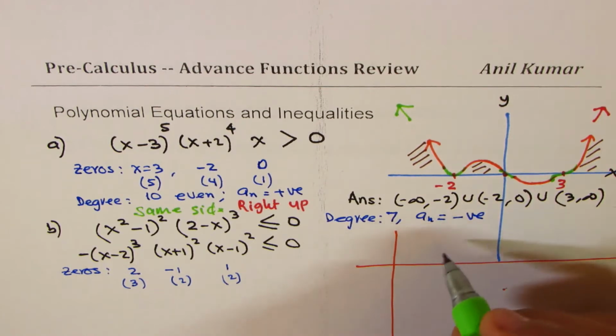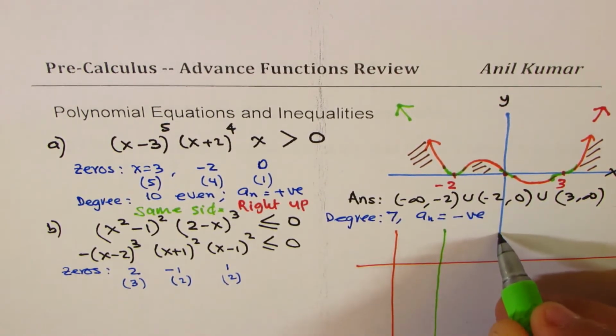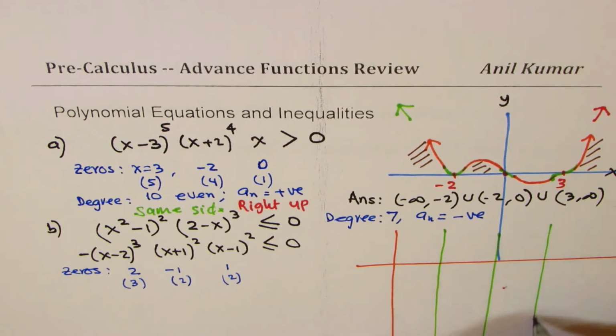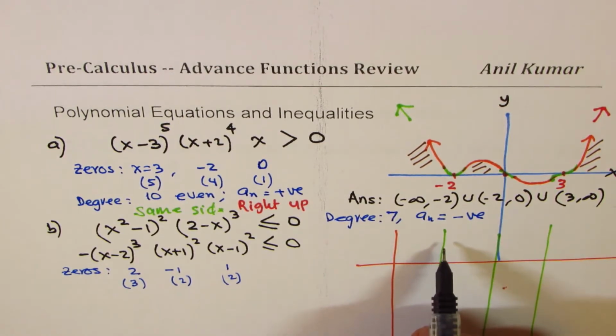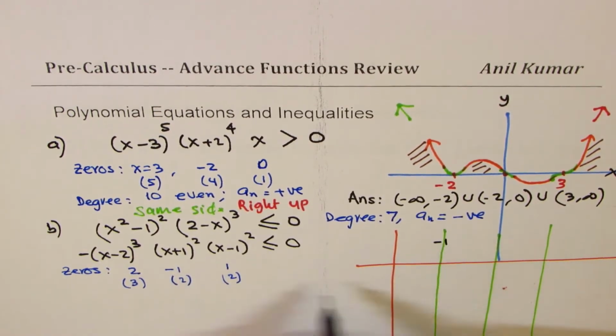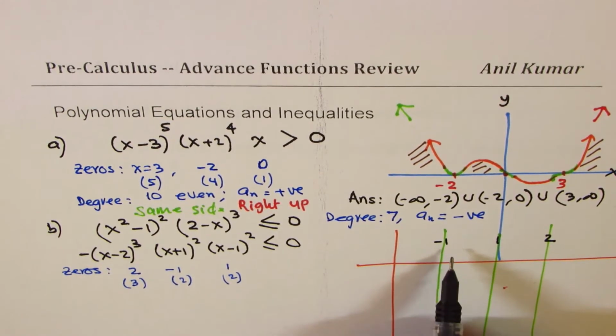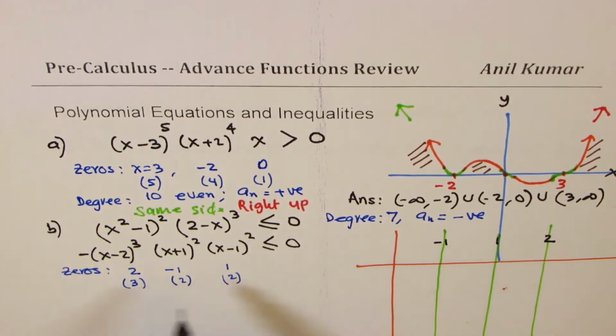So let me draw these 4 intervals. So we have, let's say, 1 interval, 2 interval, 3 interval, and let that be the 4th interval. So these points here are showing demarcation for your zeros. The first one on the leftmost side is at minus 1, then we have plus 1 and 2, right? The factors which give you the zeros are written here. So what we do here is we write all the factors.